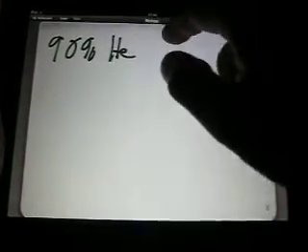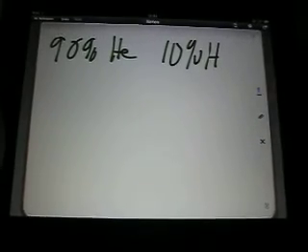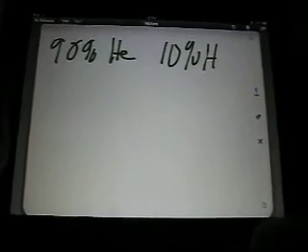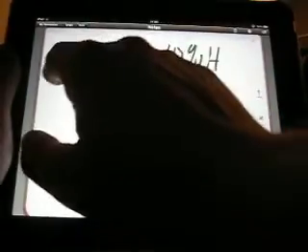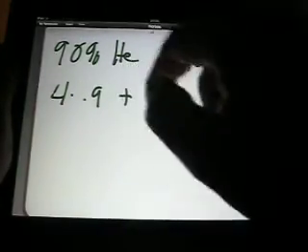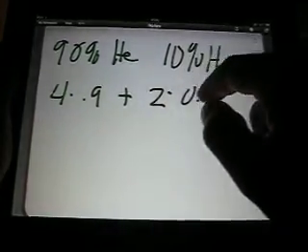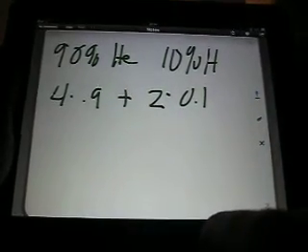So let's just go ahead and mix it up a little more, and let's now say that I have 90% helium and 10% hydrogen. So I'd expect this mix to be a little more dense than the last mix. That's easy enough. All I do is, for my helium, I go 4 times 0.9 plus 2 times 0.1, and divide all that by 22.4, right?